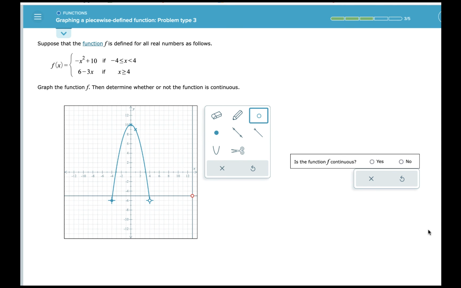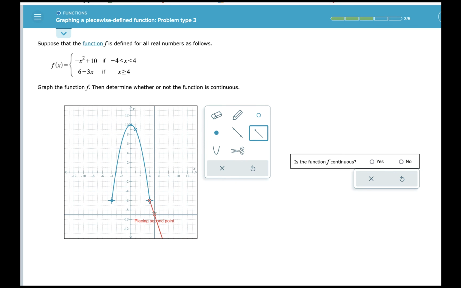Then I can move on to my ray. It's half of that straight line. If I plug 4 in, 6 minus 12 is negative 6. So I'm going to start my ray at (4, -6). I'm going to plug in 5 because 5 is bigger than 4. 6 minus 15 is negative 9.